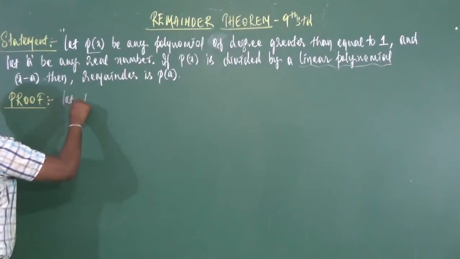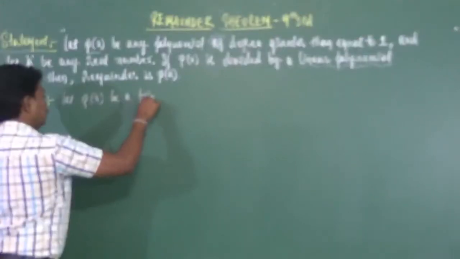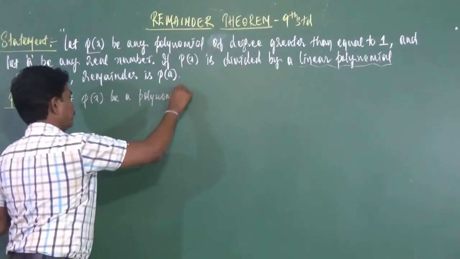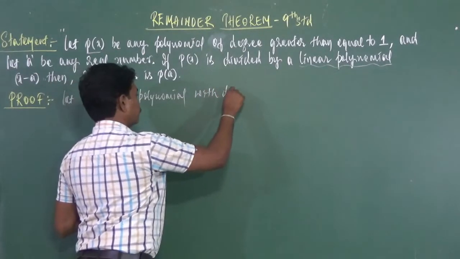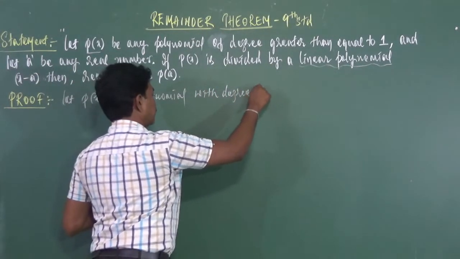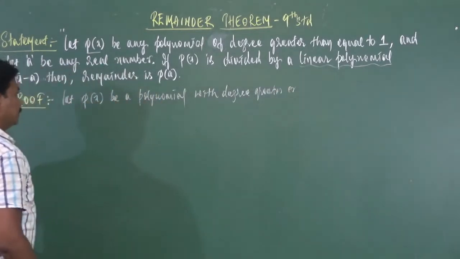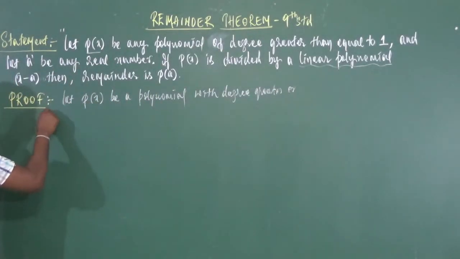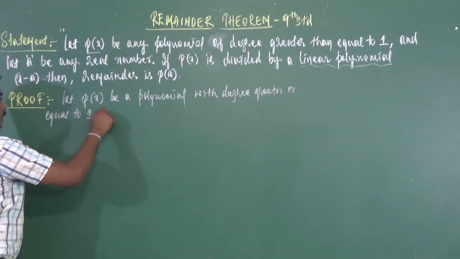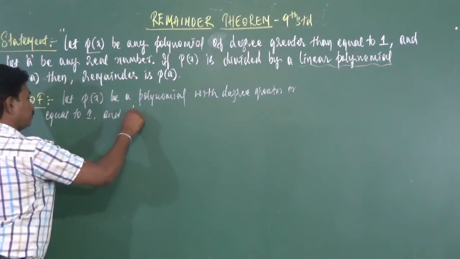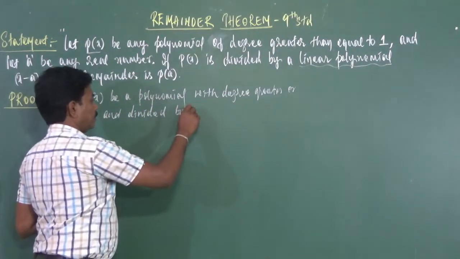So let p of x be a polynomial with a degree greater than or equal to 1 and divided by x minus a.